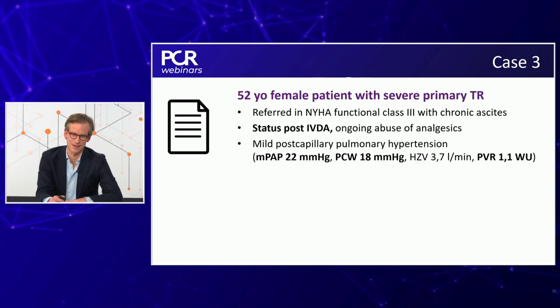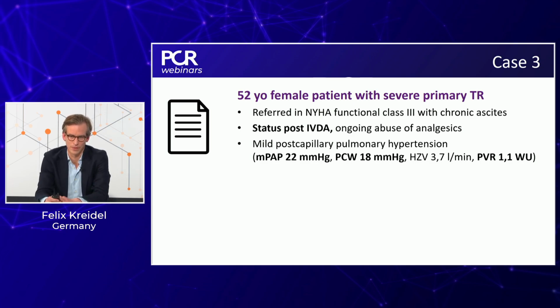And speaking of big anatomies and large gaps, I think you brought us another very interesting case. Yeah, thank you for that. It's an honor to present another case I'm bringing from Kiel. And that's, as you will learn, kind of a special one. We're talking about an unusually young female patient with very severe primary TR.